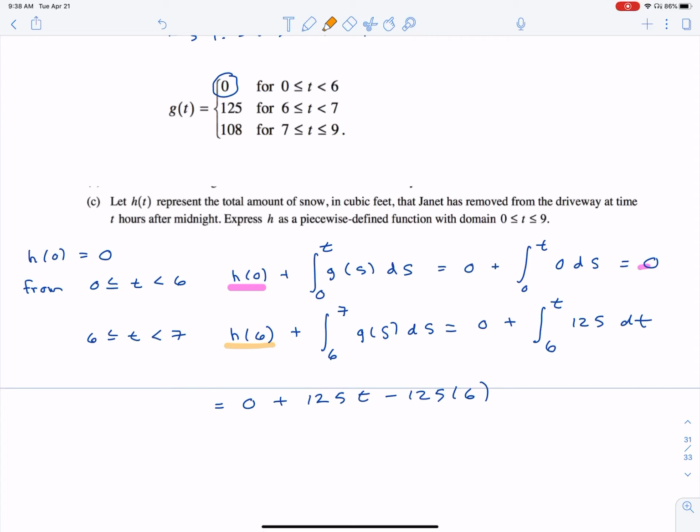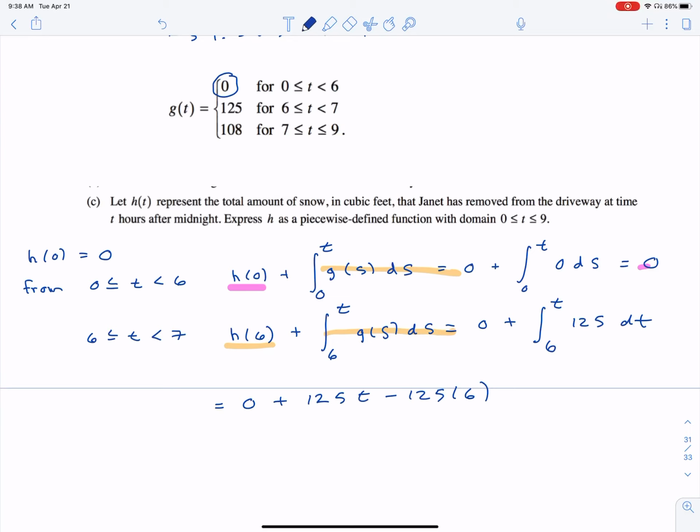Then we have to add to that the displacement from time 6 to 7. And that's what this represents, just like it did over here, except, yes, I see it. That should be a t, not a 7, because again, it's a displacement. It could be any time during that period. So that is a mistake.